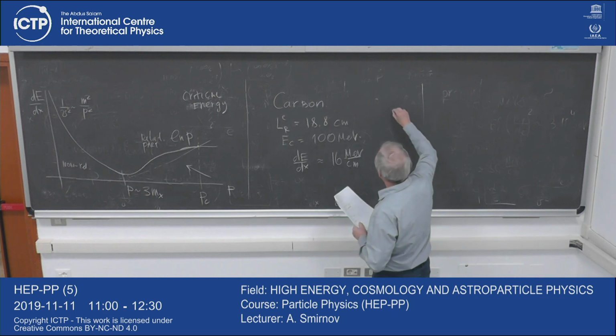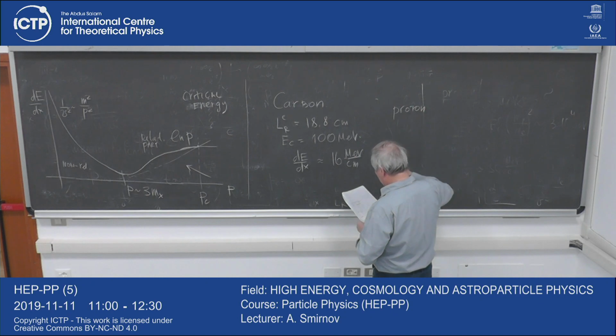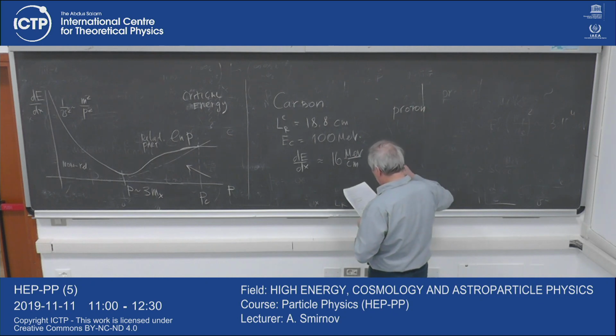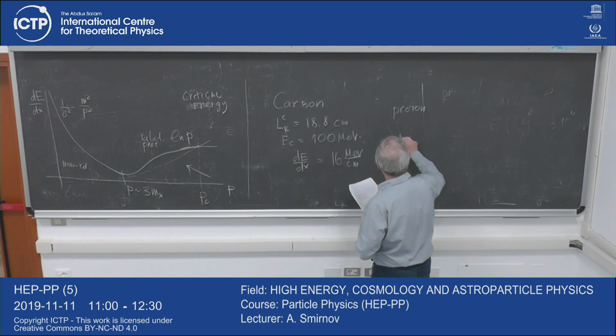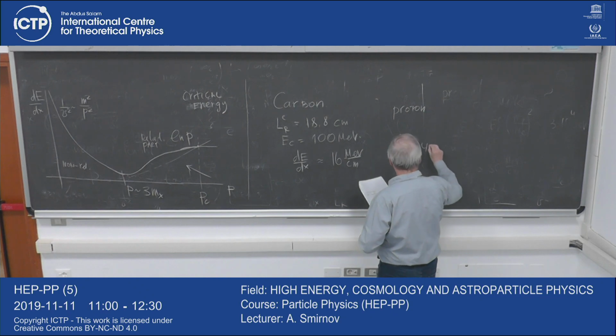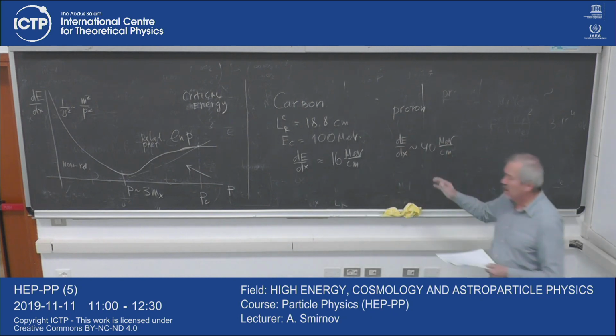In the case of proton, again the main energy loss is ionization, although here there is still radiation. dE over dx is 40 MeV per centimeter. They are comparable.